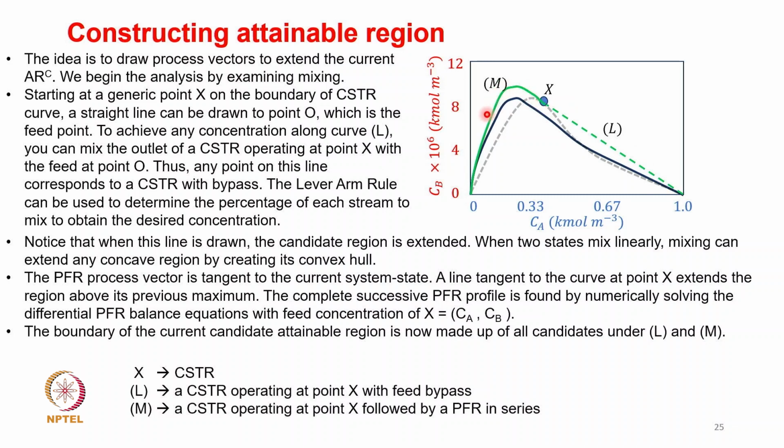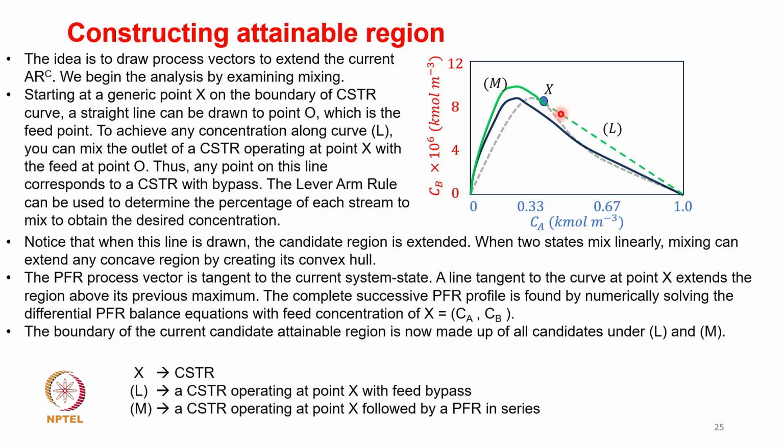And on this side, at this point it is a CSTR, and you have to have a PFR in series, because this curve, the green curve, corresponds to the PFR in series. So this part of the attainable region is eventually representing the PFR.